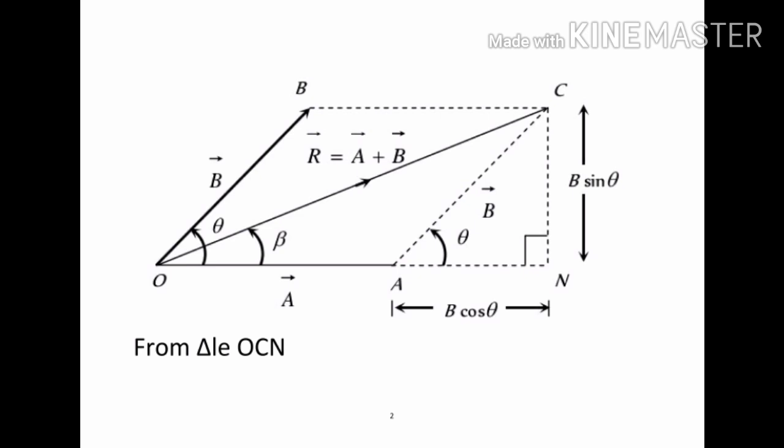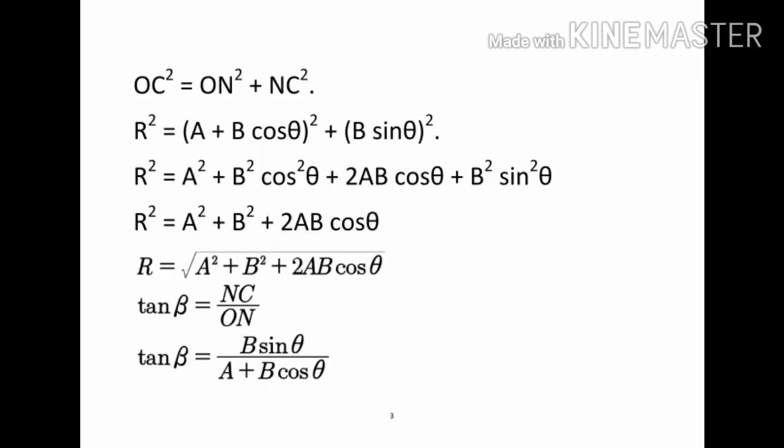Then to find the magnitude of the resultant, we take the triangle OCN, and by using the Pythagoras theorem we get OC square is equal to ON square plus NC square. From the diagram we know that OC is equal to R, ON is equal to A plus B cos theta, and NC is equal to B sin theta.